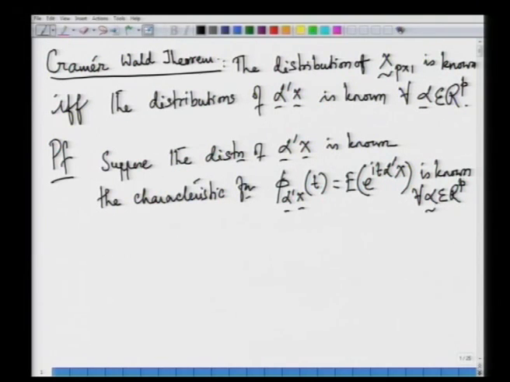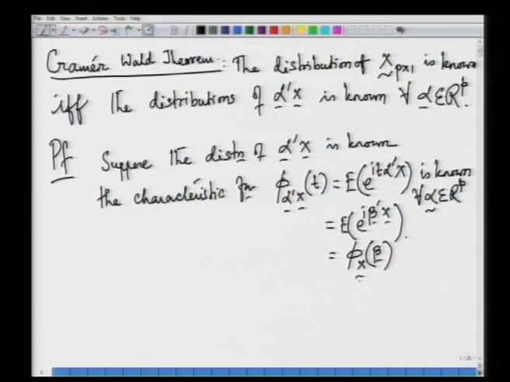Now, if this is known, I can simply write that this is expectation of e power i beta prime x, where I am taking t alpha prime as beta prime, or on the other way to say it, beta is nothing but alpha t. Now, what is this expectation of e power i beta prime x? This is nothing but the characteristic function of the random vector x at beta.